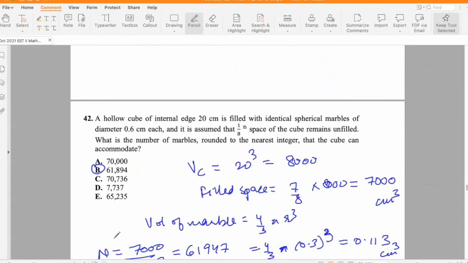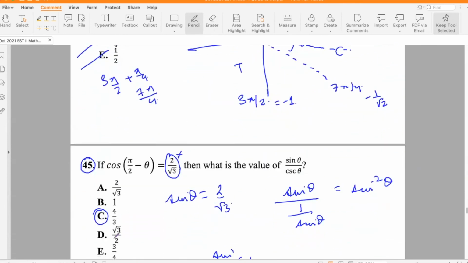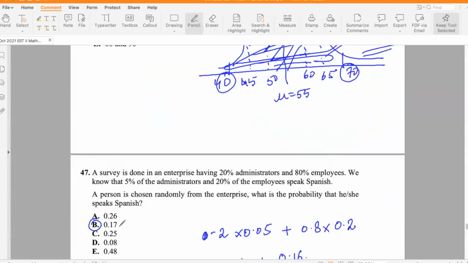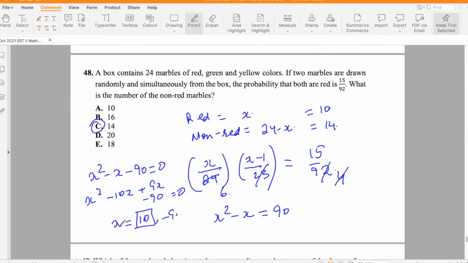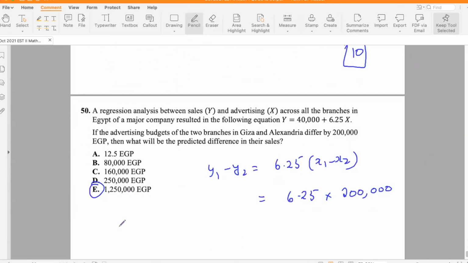A, B, D, C, and C. 46, A, B, C, D, and E. Okay, great. So we got all correct.